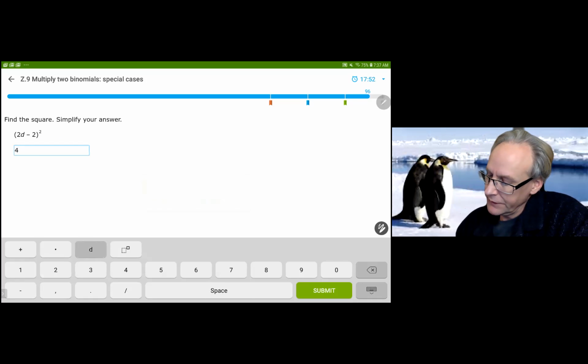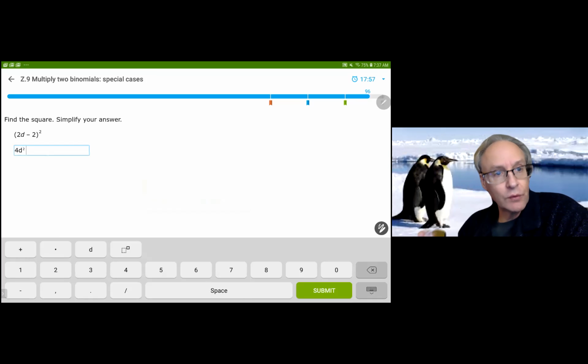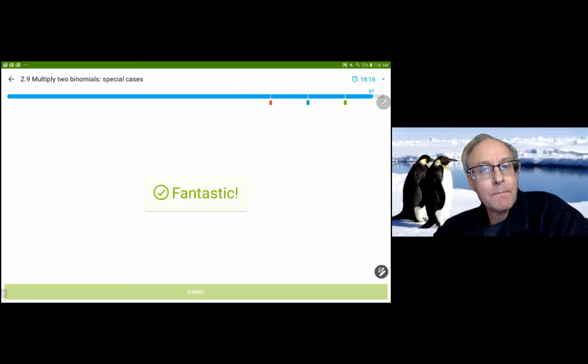We've got 4d squared. Our product is negative 4d, so our middle term is going to be double that, negative 8d. And I seriously need to remember to put my space. Plus 4. Because remember, we multiply a negative 2 times a negative 2, which is positive 4.